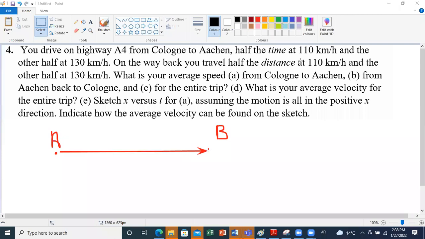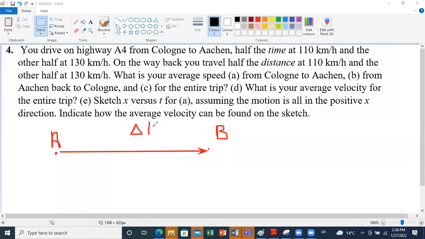is driven at a velocity of 110 kilometers per hour, and the other half of the time driven at 130 kilometers per hour. So if I consider a time delta t, to go from A to B, the total time is delta t.